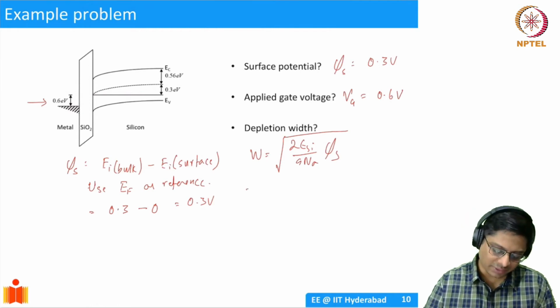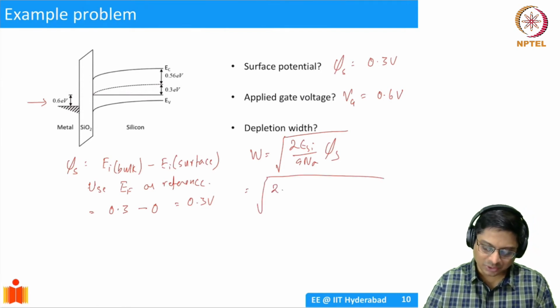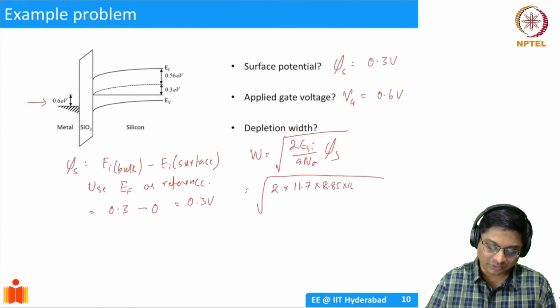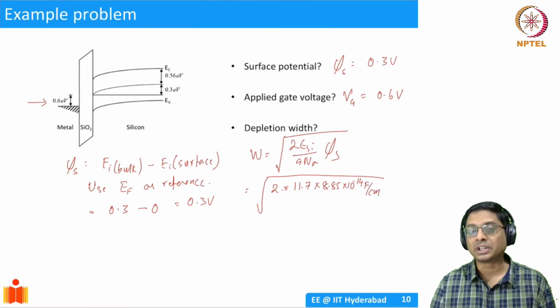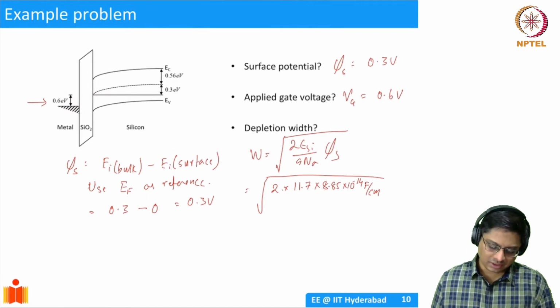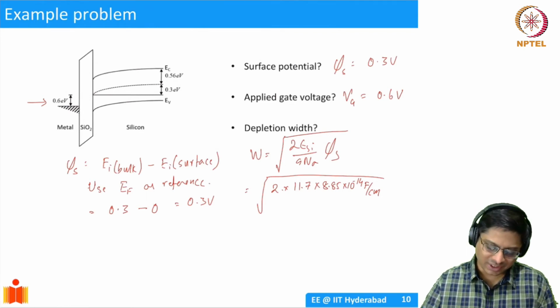There's nothing in this calculation except that I want you to note this 11.7, 11.8, take it as 11.7 into 8.85 into 10 power minus 14 farad per centimeter. Please note this 10 power minus 14 we are using because in semiconductors we tend to use all the length units as centimeters. It is convention, nothing more than that.